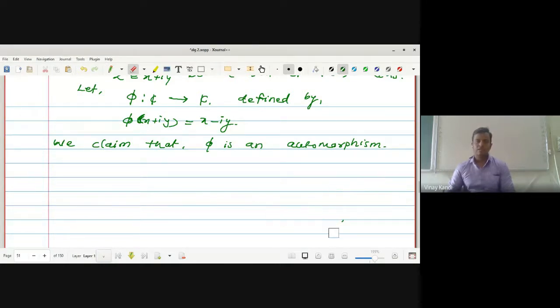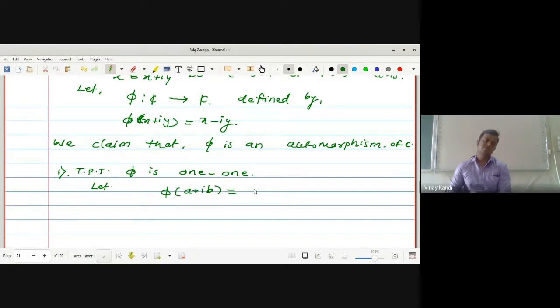Now here we have to show that this phi is an automorphism. Total proof. Step number 1: to prove that phi is 1 1 first. What is the procedure to prove the 1 1? Let phi of a plus ib is equal to phi of c plus id. By the definition of phi, a minus ib equals c minus id.